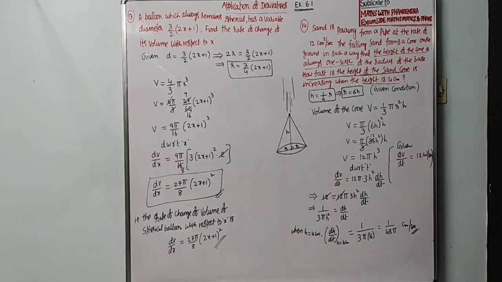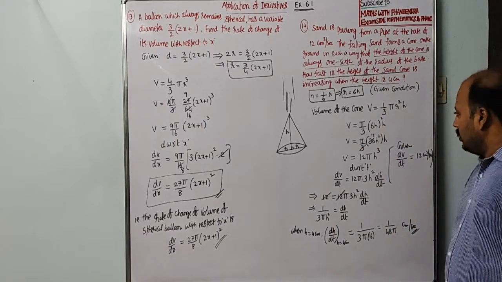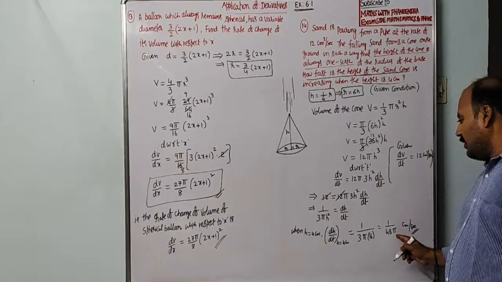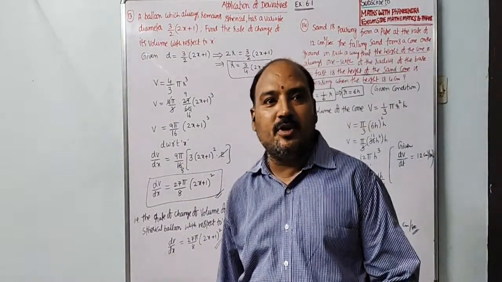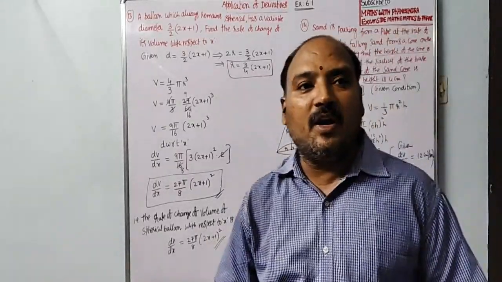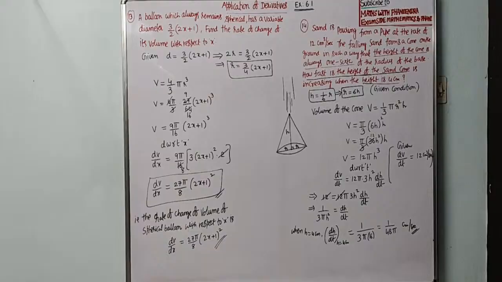So the rate of change of height of the sand cone is 1/48 pi centimeter per second. I hope you understand, dear students. We'll move on to another set of questions, that is question number 15 and 16.